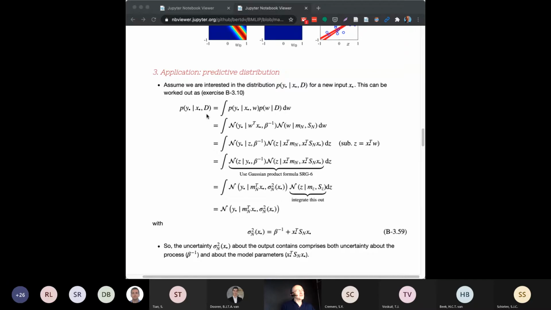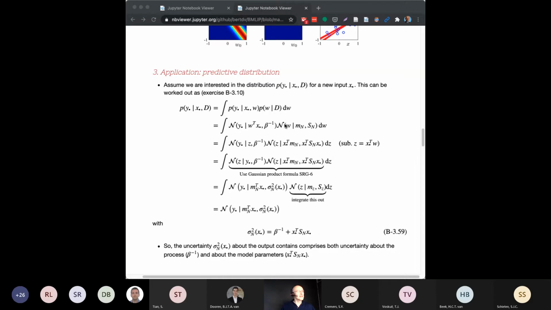So we're going to say, I don't care what the weights are, I'm going to integrate them out. Also note that whenever there is a task, I try to pose it as an inference question and then just do inference. So that's what we do here. This, with the rule of marginalization, can be expanded to this form. So this is really the data generating model, and p(w | data) is the posterior.